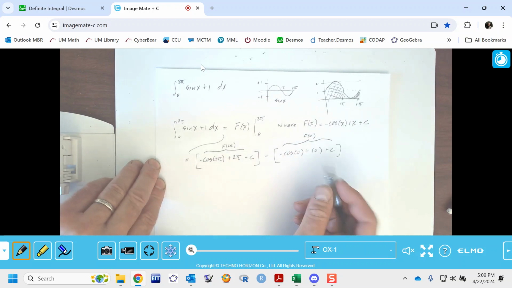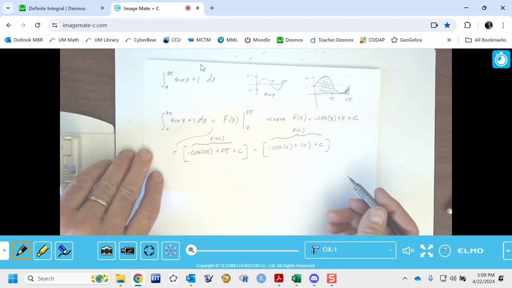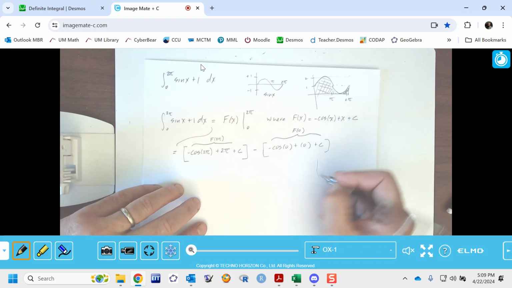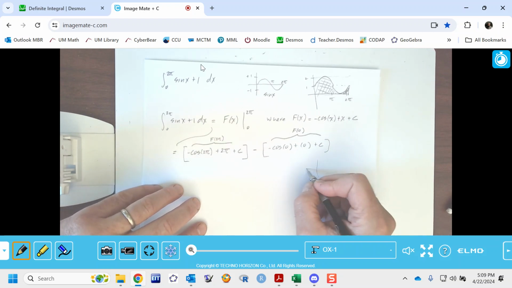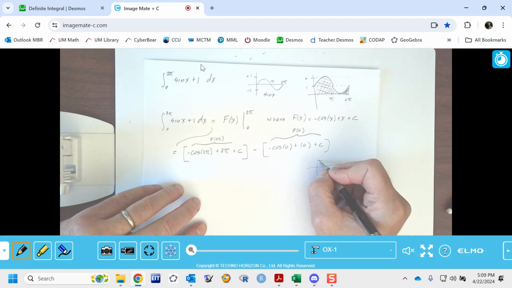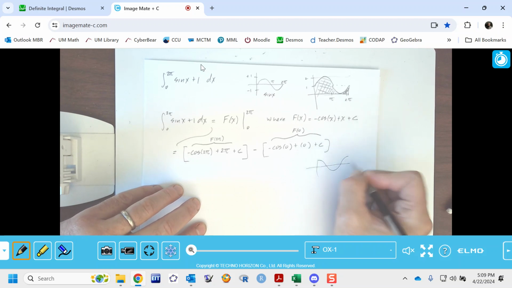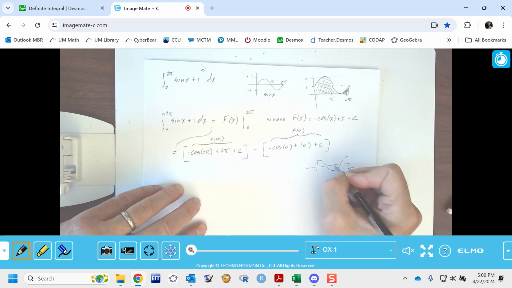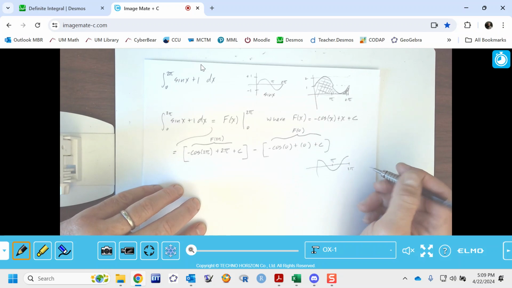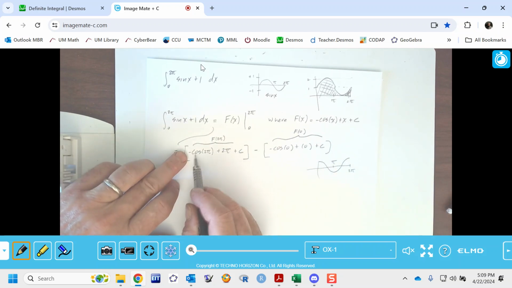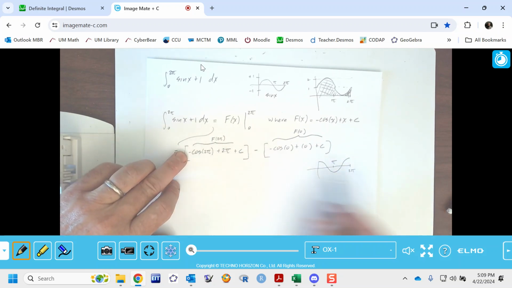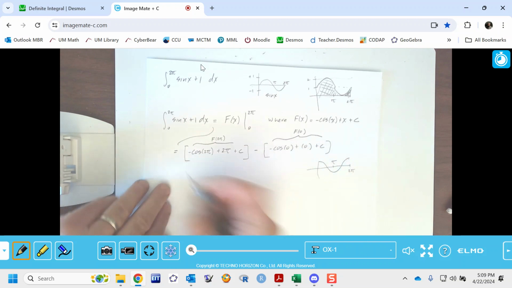Okay, so now we just need to fill in some numbers here. I need to think about the cosine and what this thing looks like. So the cosine looks like this. That's 2 pi. This is pi. And we're supposed to take the opposite of the cosine of 2 pi. The cosine of 2 pi is 1.